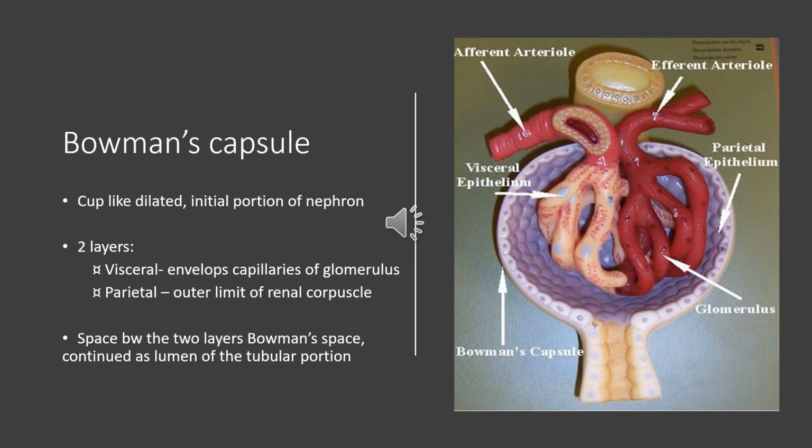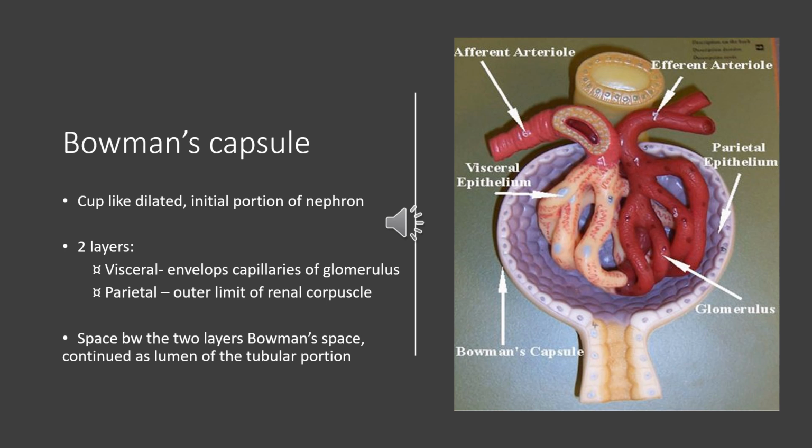Now, let's study the structure of Bowman's capsule. Bowman's capsule is the initial cup-like dilated portion of the nephron that accommodates the glomerulus. It has got two layers, the inner visceral layer, which is continuous with the outer parietal layer at the visceral pole.